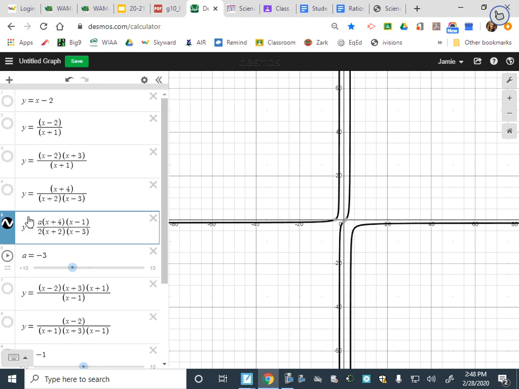That would then get multiplied by the a, which is now -3, so I would see a -3x squared plus some other stuff. And in the denominator, I would see a 2x squared plus some other stuff. So if they have the same degree, you can divide the leading coefficients, and you will find the horizontal asymptote.